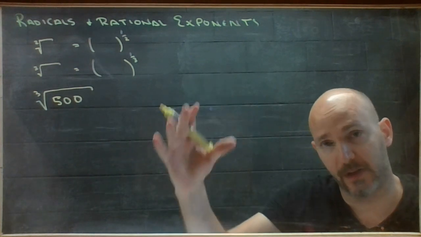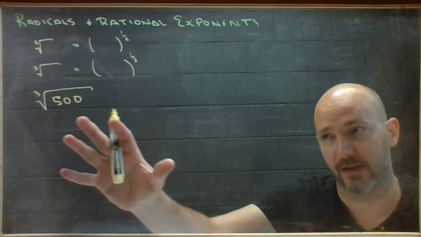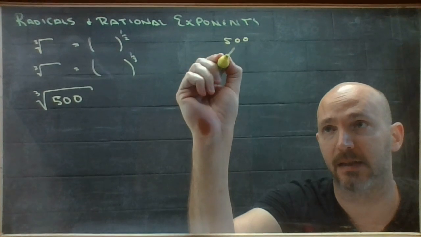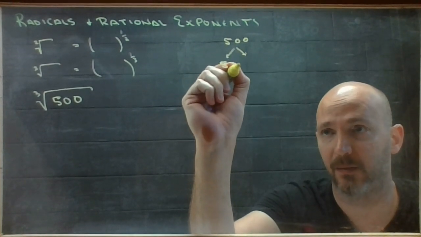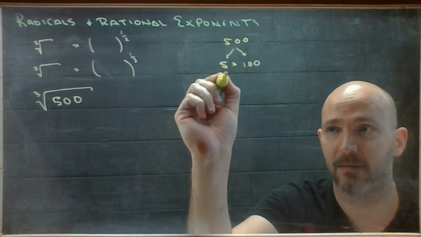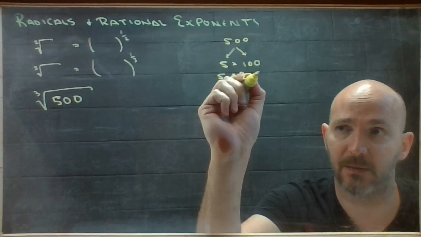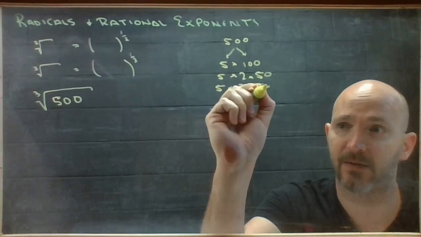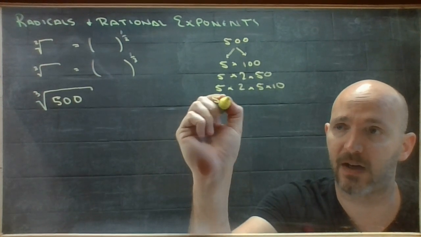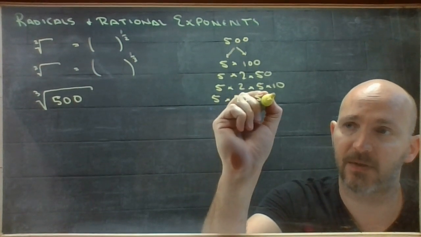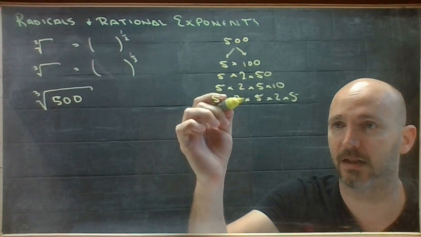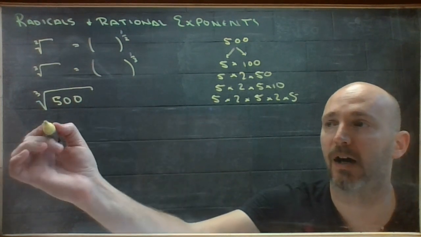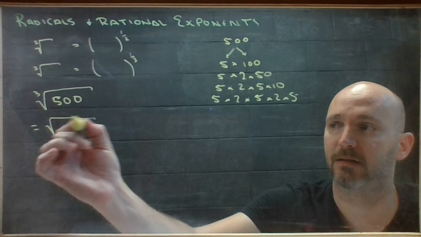So I'm going to redo the prime factoring just so we can see this from scratch. 500 is the same as 5 times 100, which is the same as 5 times 2 times 50, which is the same as 5 times 2 times 5 times 10, and that's the same as 5 times 2 times 5 times 2 times 5. There we go.